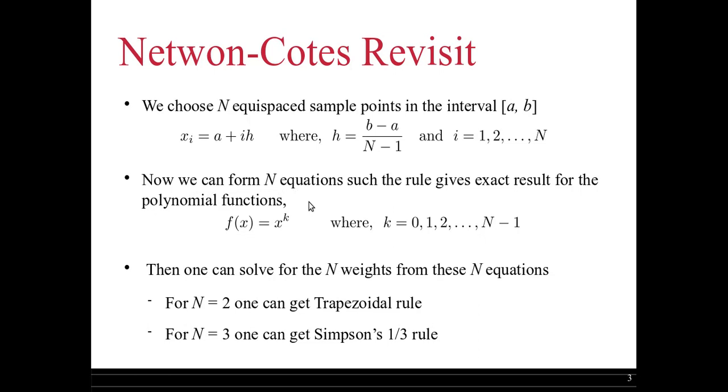So one can solve for these n weights from these n equations, and then you are done, because you know the xi points and the wi weight factors, so you can integrate up to degree n minus 1 with your rule. That is why for the trapezoidal rule, you put capital N equal to 2, and you can integrate up to power 1, that means a linear function.